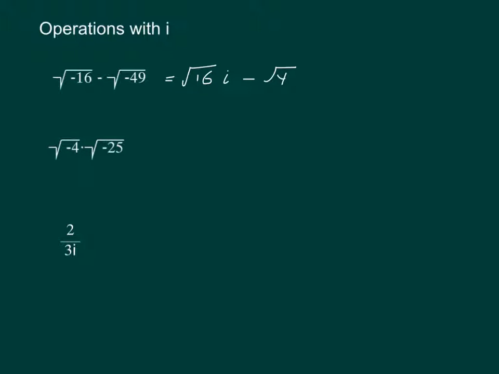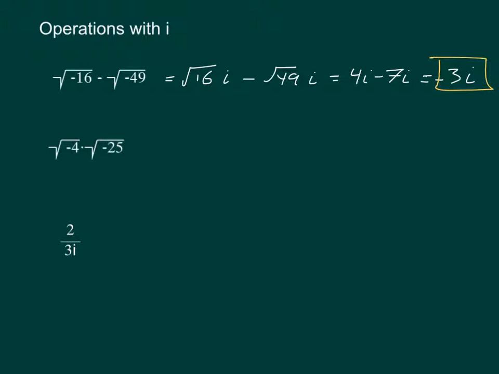I'm going to do that actually in both. And that's going to give me, when I reduce, 4i minus 7i. And for addition and subtraction, we basically act as if i was a variable. And that's going to leave us with negative 3i. And that's my final answer there.